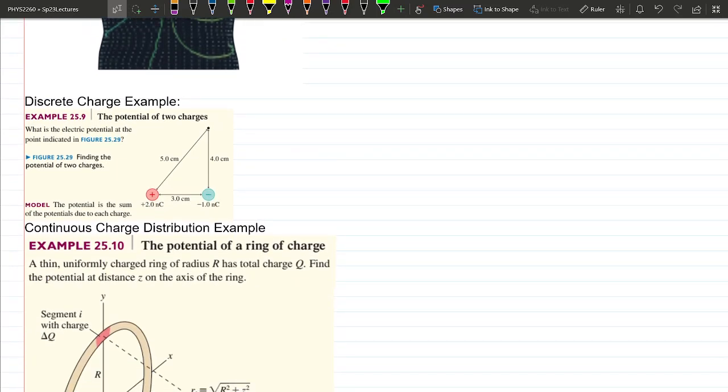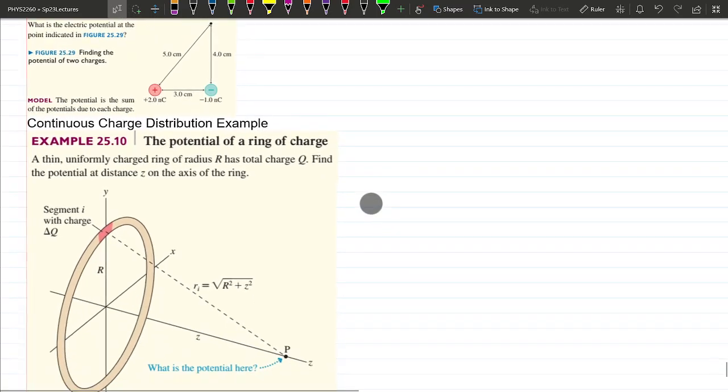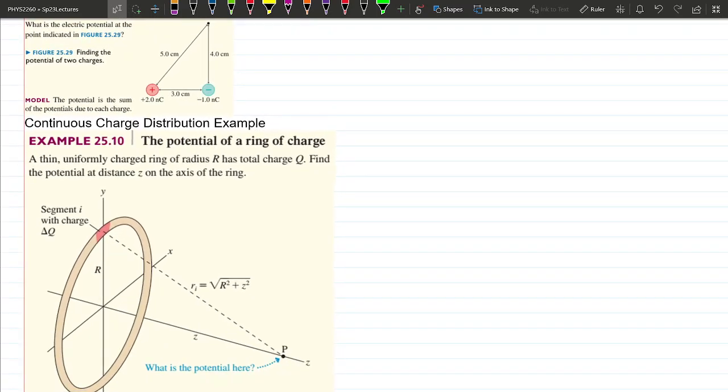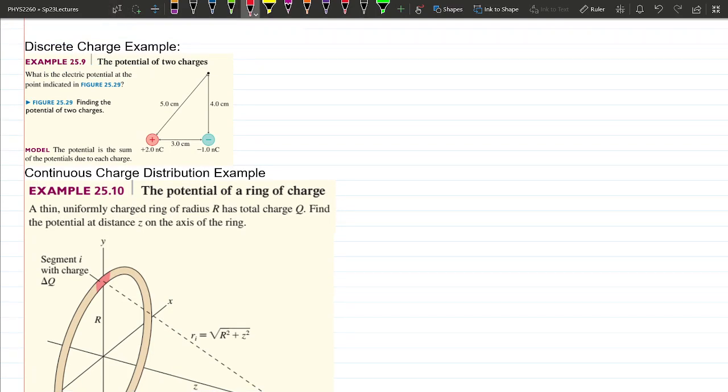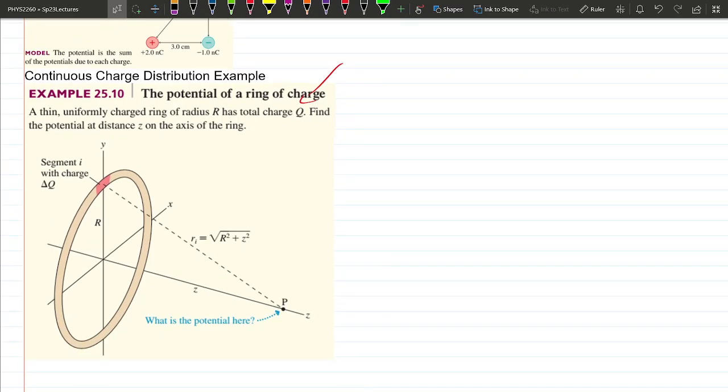There are multiple examples in the textbook, but don't worry about these for this week. It's definitely useful, after you finish midterm 1 on Monday, to start studying these examples in the textbook, and hopefully that'll bring us to the end of chapter 25, where we have this idea of potential energy by bringing charges near each other. Sorry, it's not a simpler version of potential energy, it's a way to simplify the problem.